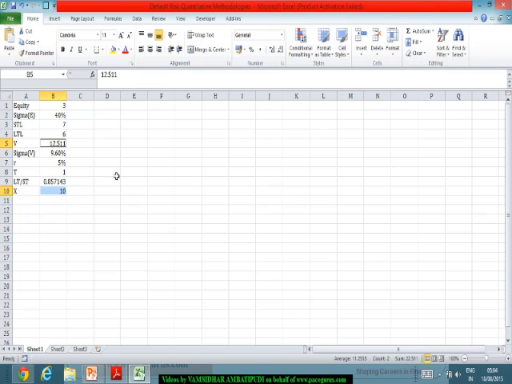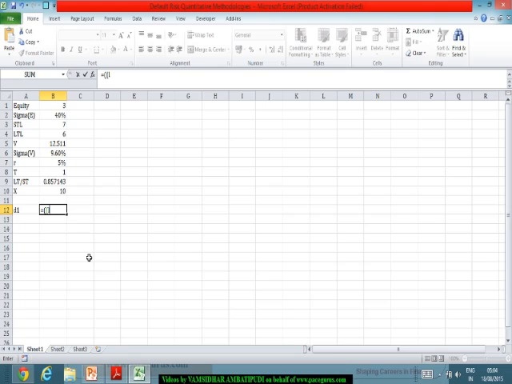Now I have the value of the firm, the volatility of the firm, the time to maturity, and the risk-free rate of return. Based on this, I can first find D1.